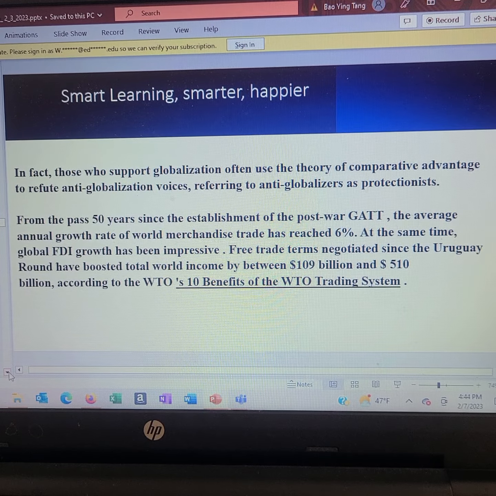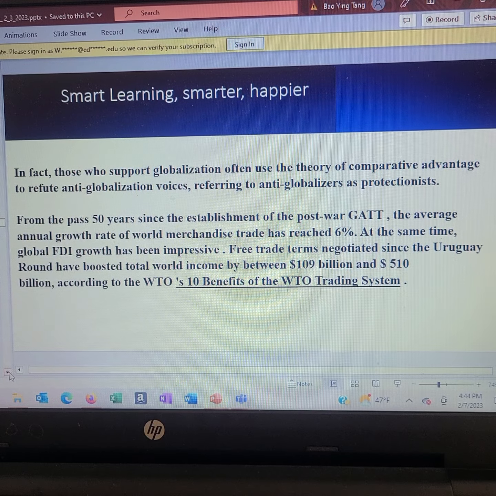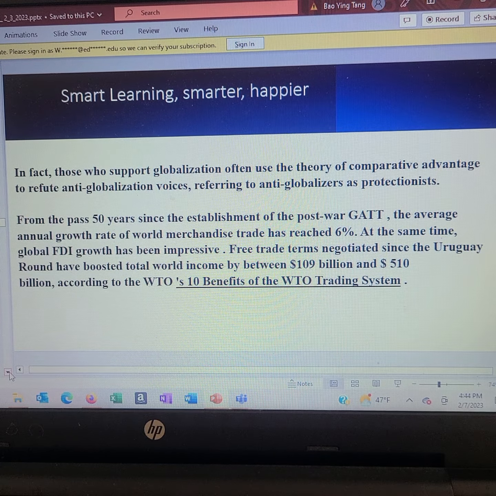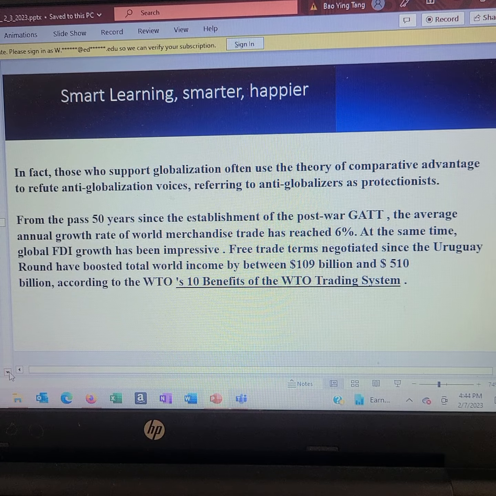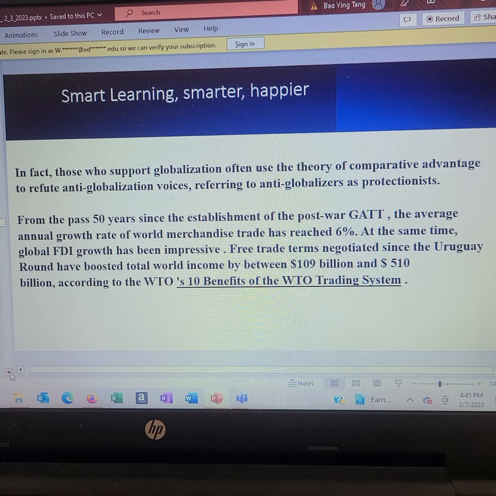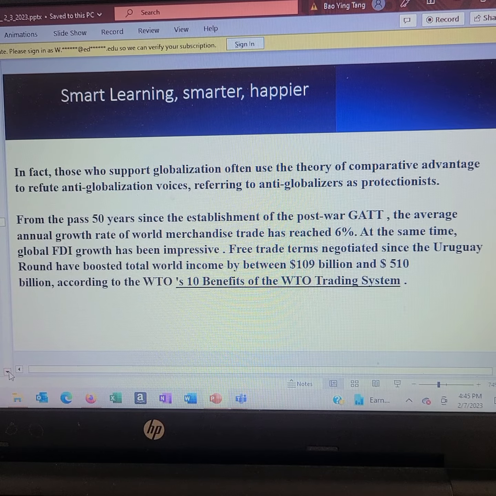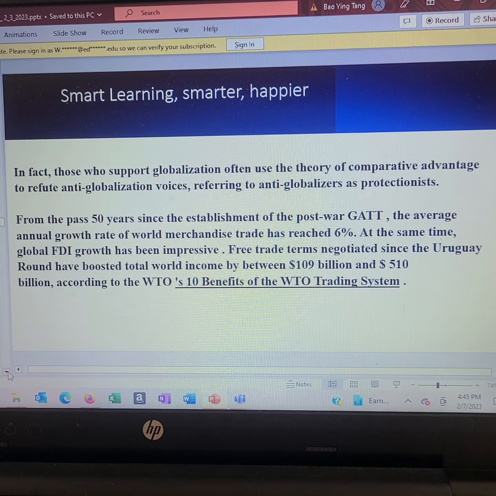At the same time, global FDI growth has been impressive. Free trade terms negotiated since the Uruguay Round have boosted total world income by between $109 billion and $510 billion, according to the WTO's 10 benefits of the WTO trading system.